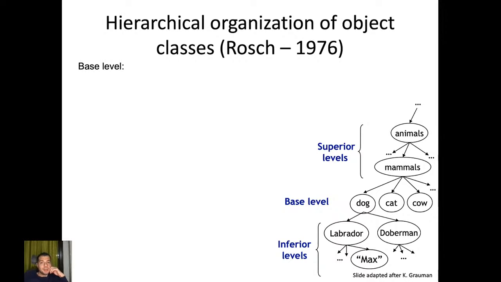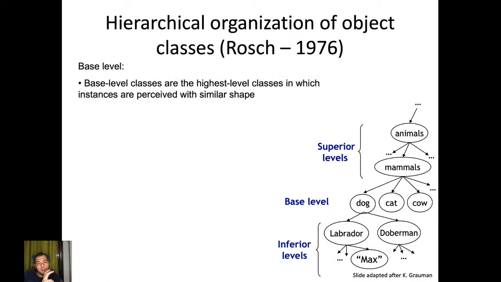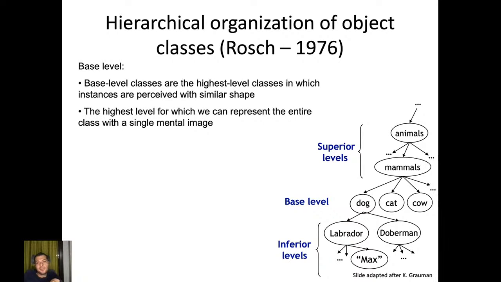So in the hierarchy of organization of object classes, we have these superior levels, the inferior level, and this base level. Once again, this is the highest level for which we can assign a mental image. This organization was proposed by Rosch in 1976.